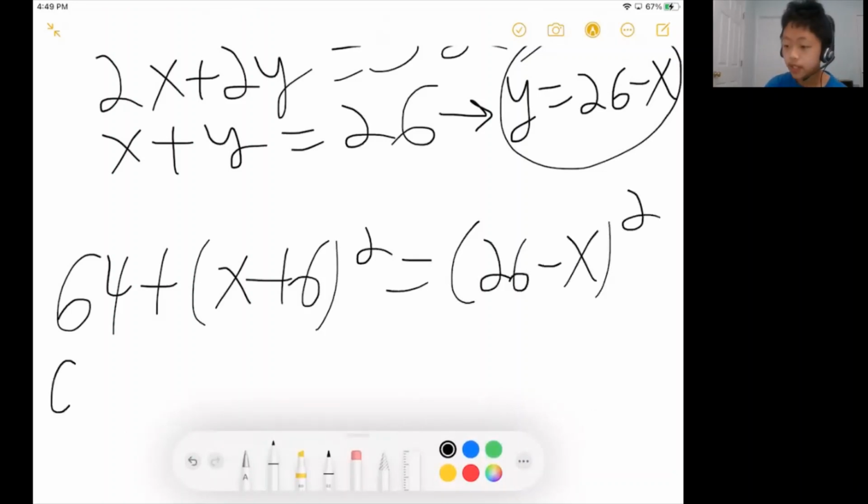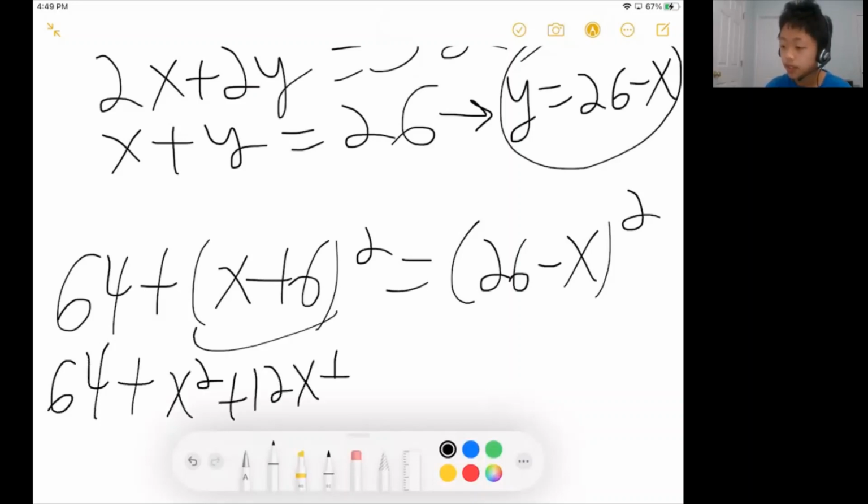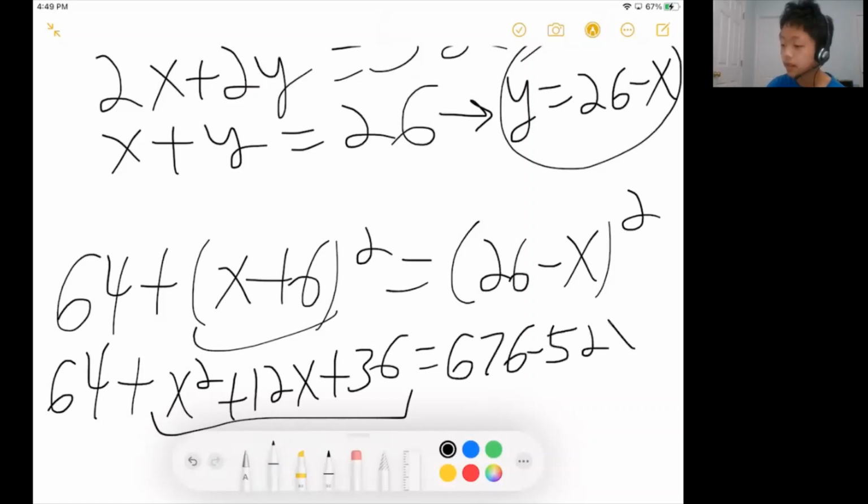So we would have 64, and if you expand (x plus 6) squared, we get x squared plus 12x plus 36, using the distributive property. And then (26 minus x) squared is going to equal 676 minus 52x plus x squared. 676 is just 26 squared, if you expand out the binomials.